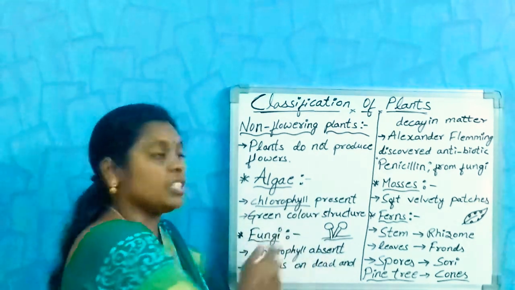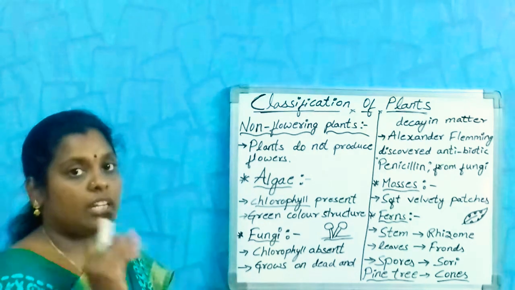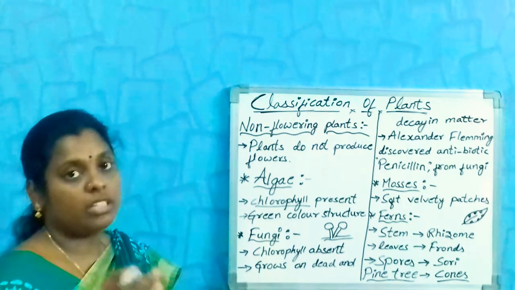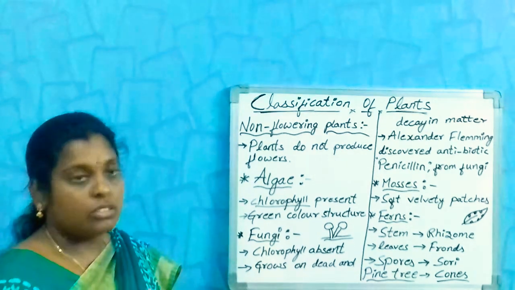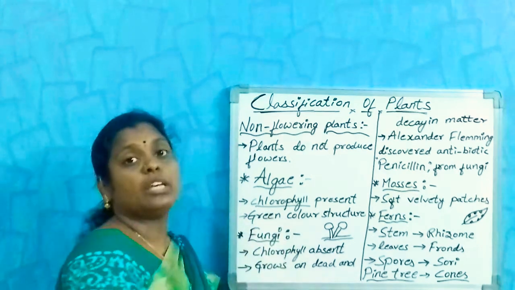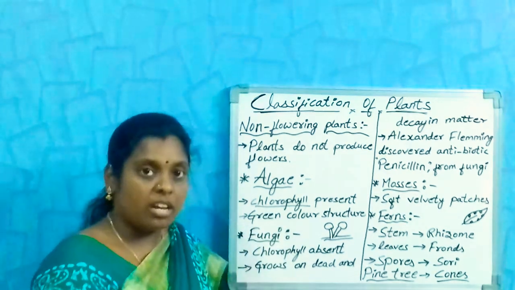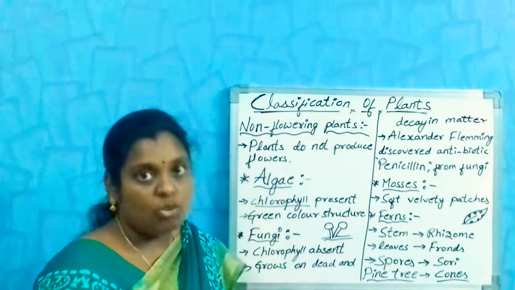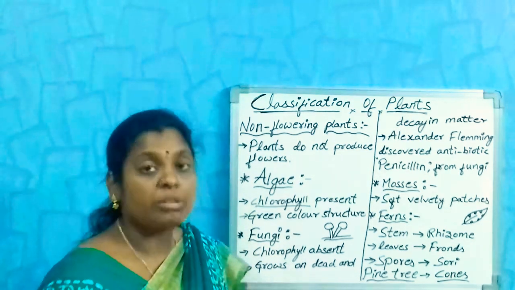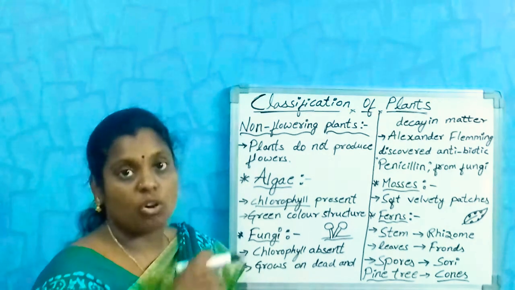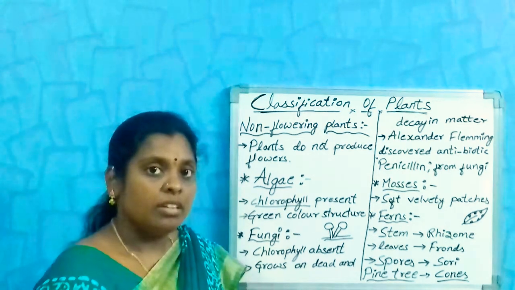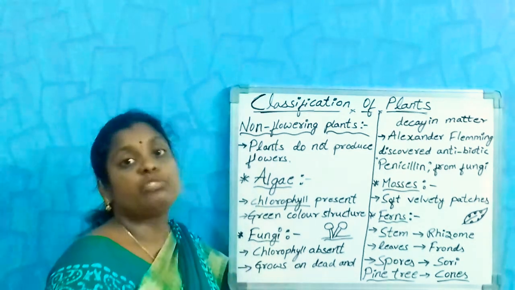So, green color structures are called algae. Because of the presence of chlorophyll in them, they absorb the water and sunlight from the environment and also carbon dioxide. They prepare their food materials.